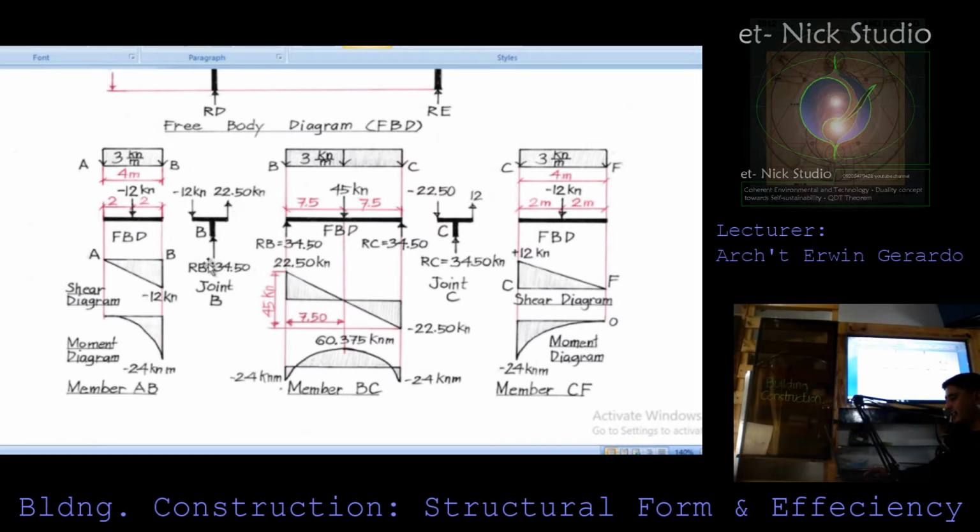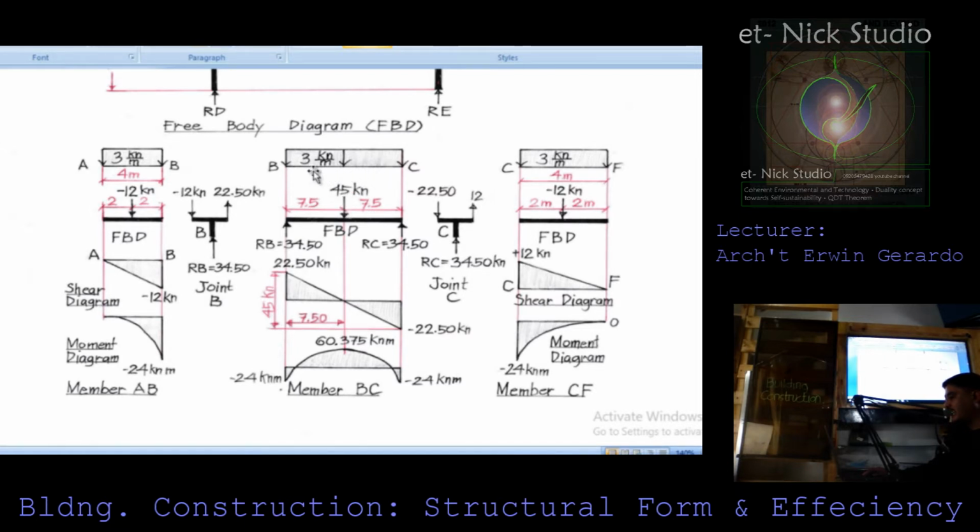But take note, the force that is actually exerted here will also be the force that carries this beam. That is why the strut or the column is actually carrying the beam. Now, we were able to attain 45 kilonewton because if you multiply 3 kilonewton per meter by 15 meters, you get 45 kilonewton.